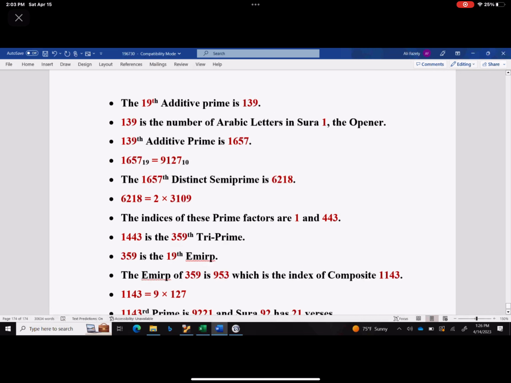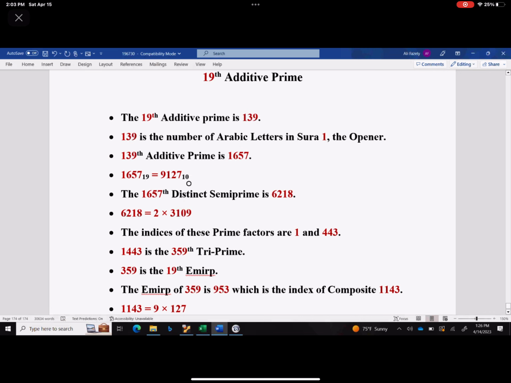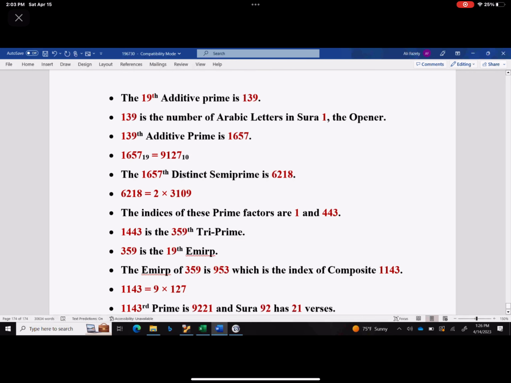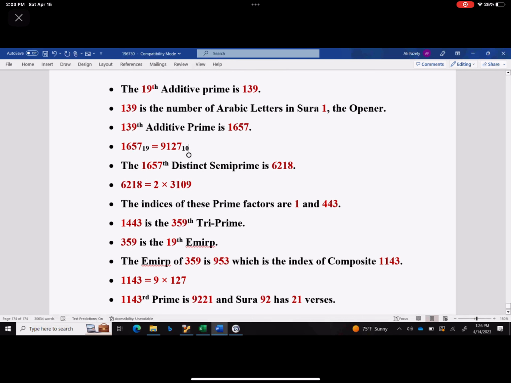This is the story of the 19th additive prime today, which goes in a circular way and produces all of this beautiful information that we had no access to before.